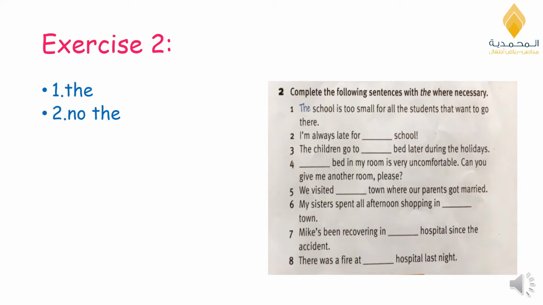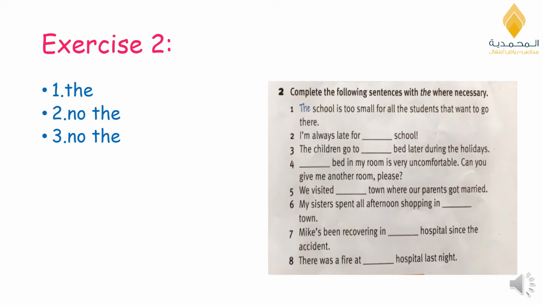Number 3, "The children go to bed later during the holidays," or "the children go to the bed." I don't say to the bed. Here I'm talking about an action, so I should not use the at all. So no the on number 3. Number 4, "The bed in my room is very uncomfortable. Can you give me another room, please?"